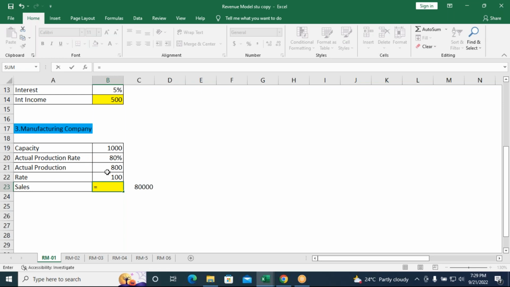And the actual production, which they have given in percentage, they have given in value too, that is 800, and the rate of production is 100. We can do this calculation in two ways. First one is 1000 into 80%, that is the actual production rate, into 100.